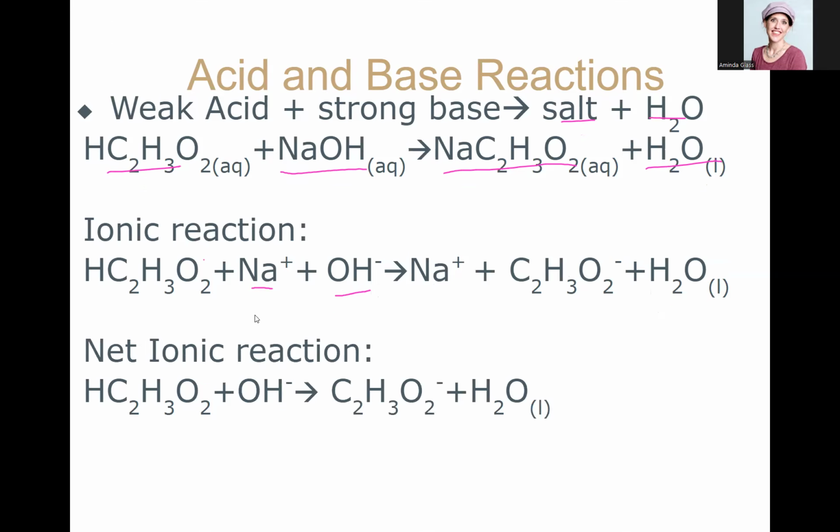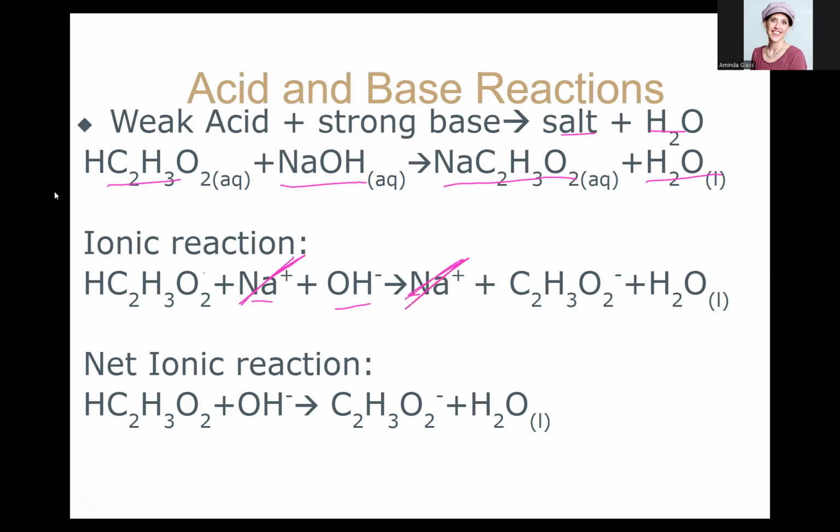So if I did the net ionic equation, which is where I mark out the ions that are on both sides because they cancel each other out, my net ionic equation is my acetic acid plus hydroxide ions gives me my acetate ion plus water.